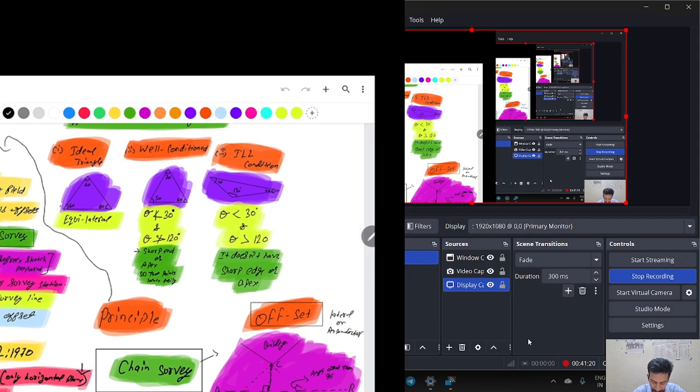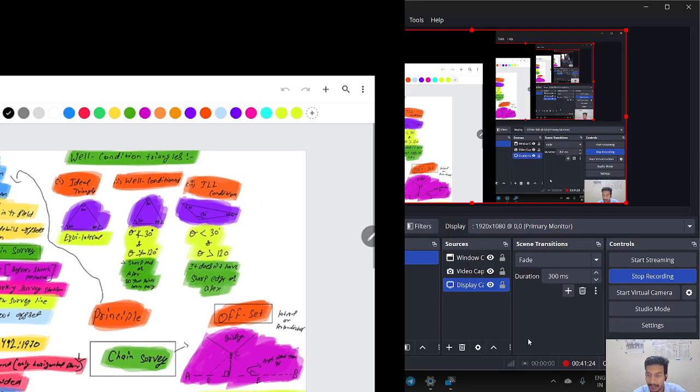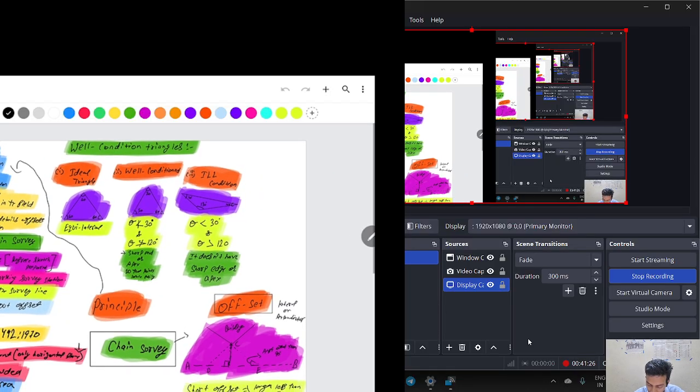Next, what is a well-conditioned triangle? There are three types of triangle. Ideal triangle, which is known as the equilateral triangle, having a 60 degree angle at every vertex.